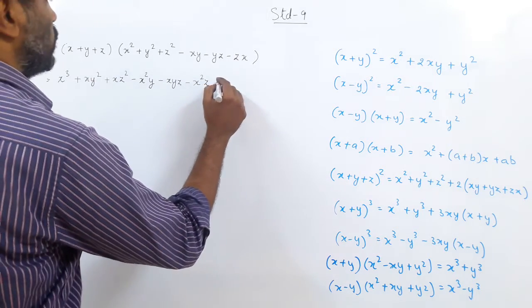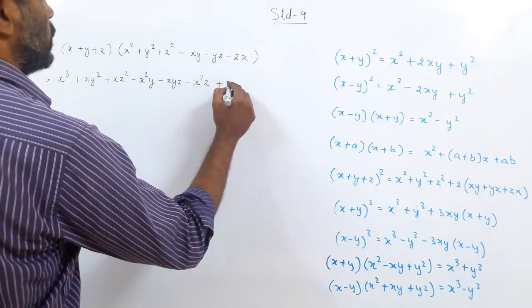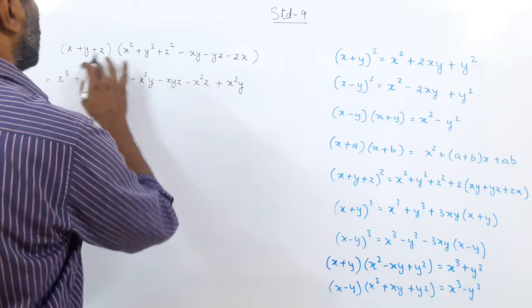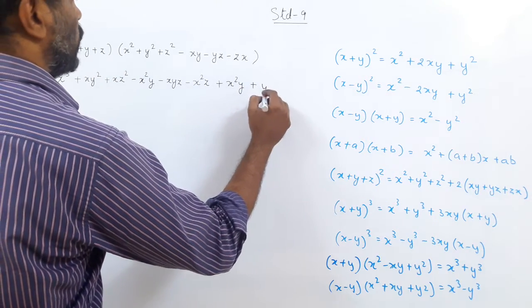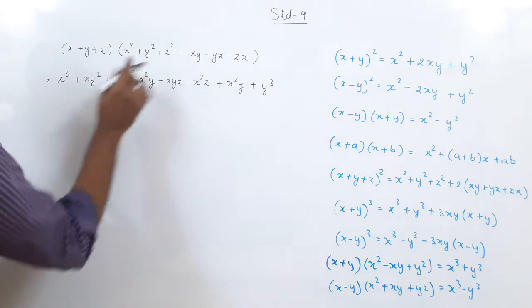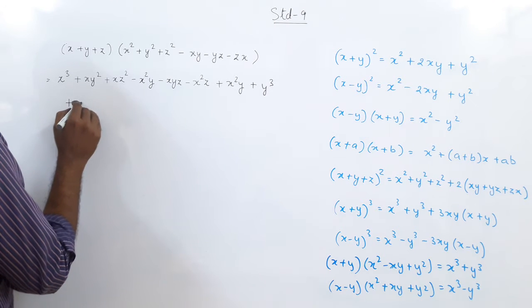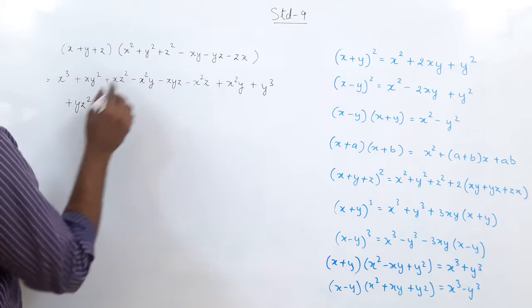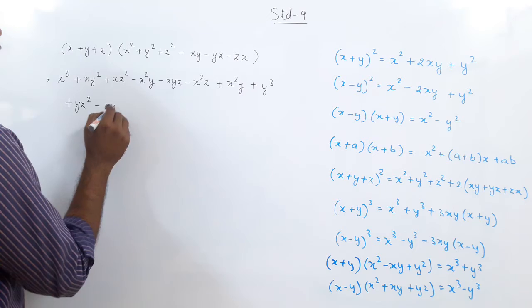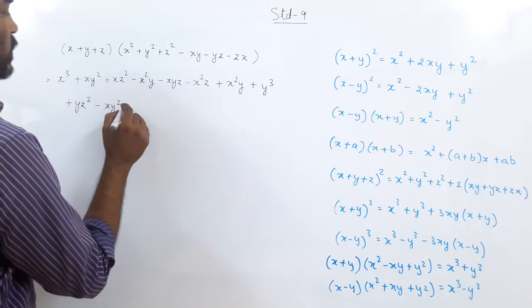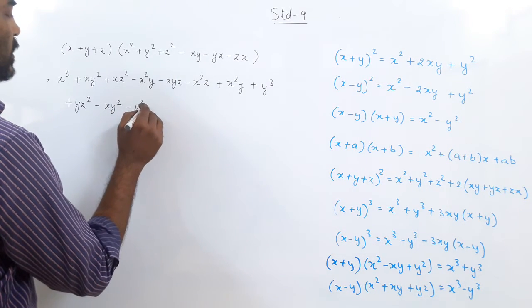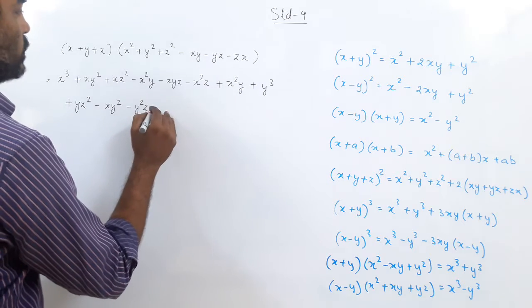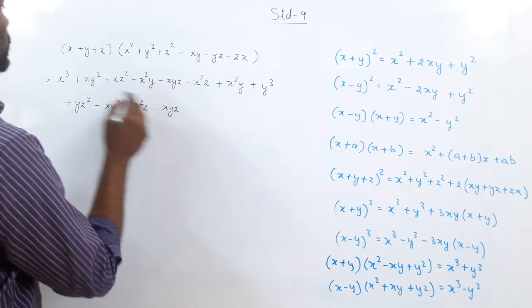So I have multiplied x. Same way with y. y into x square gives me x square y. y into y square gives me y cube. y into z square gives me plus yz square. y into minus xy gives me minus xy square. y into minus yz gives me minus y square z. And y into minus zx gives me minus xyz.